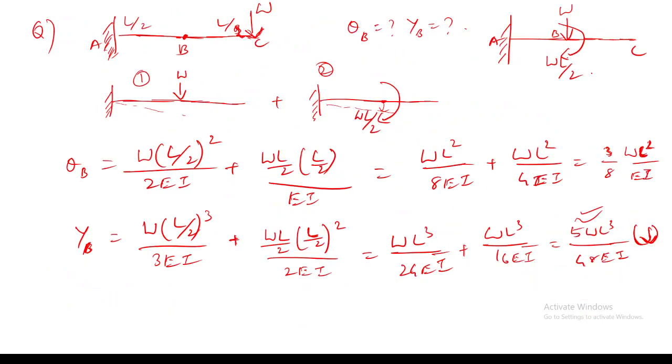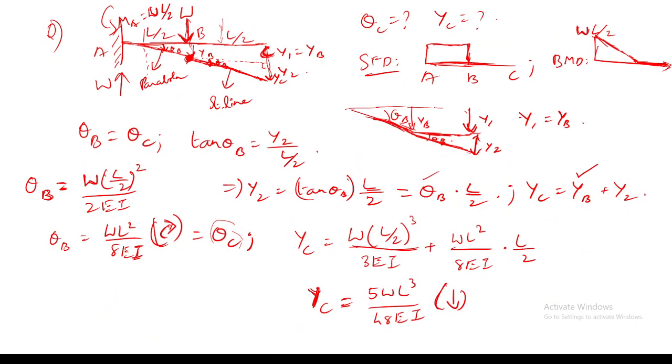For example, here I have load at point C, whereas I have calculated the deflection at point B. Same W, and I got the deflection as 5WL cube by 48 EI. Then if I have the same load acting at point B, and I need the deflection at point C, then directly I can write it is 5WL cube by 48 EI. That is the thing which we have seen here.